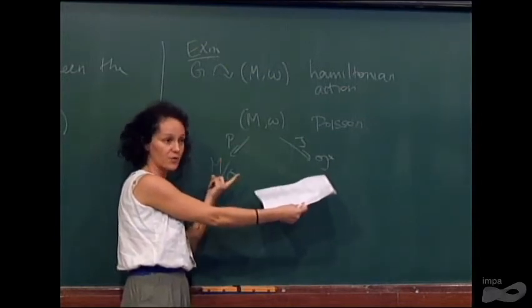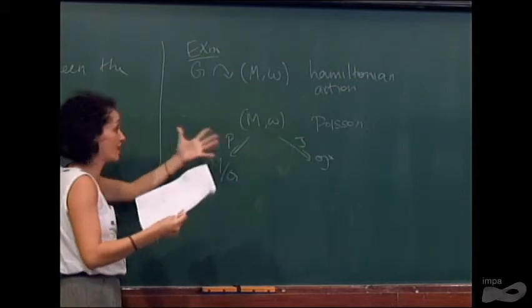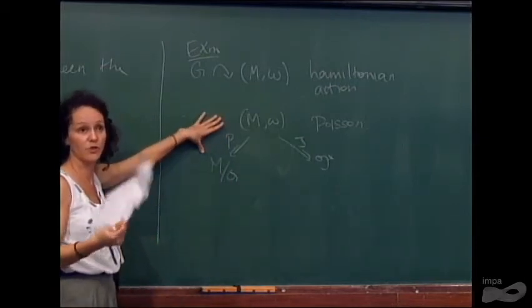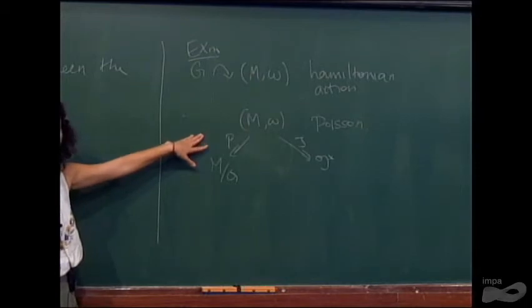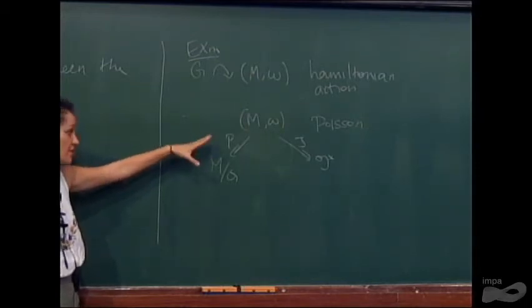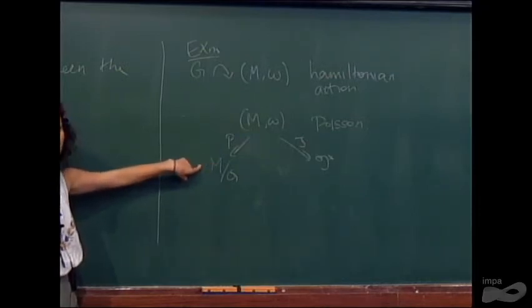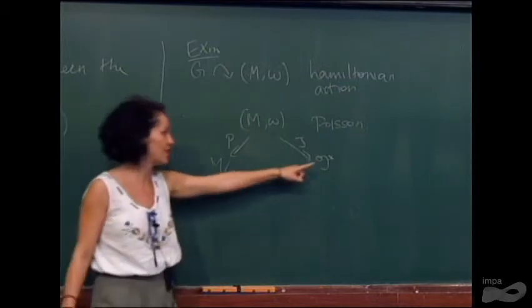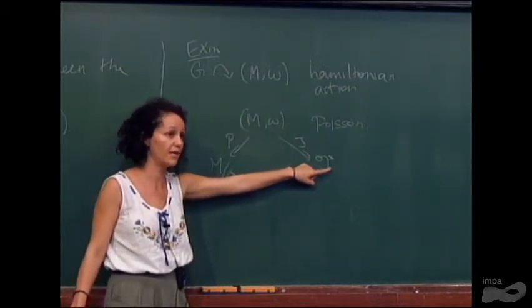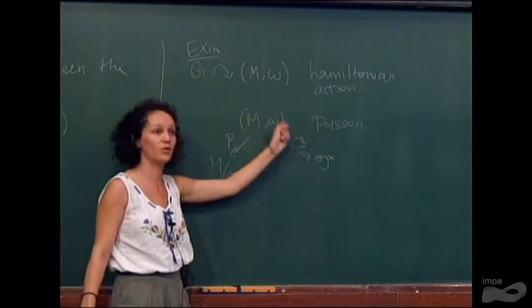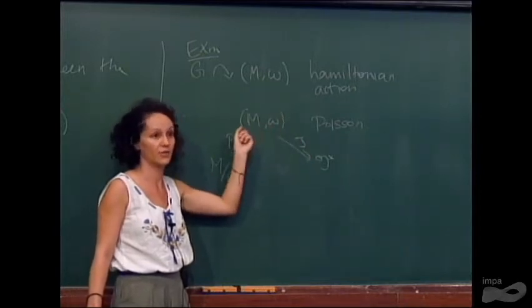Under some assumptions, this is a dual pair, if you check this condition. One of the consequences is that under some assumptions, you can describe the symplectic leaves of this manifold just by looking at the symplectic leaves of G star, and then you take the inverse image and mod out by the action.